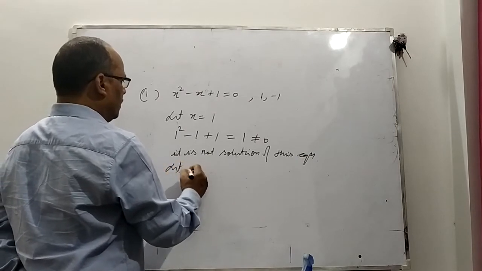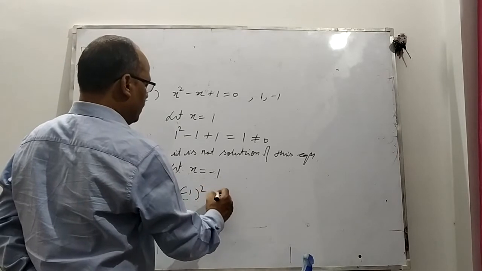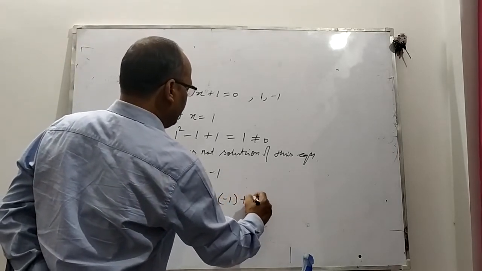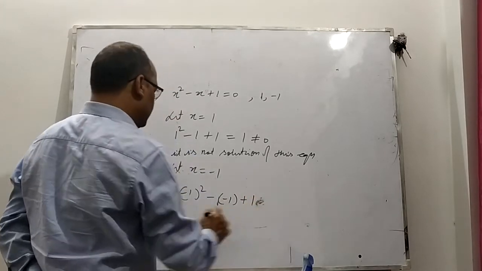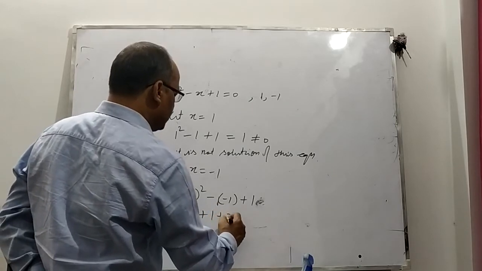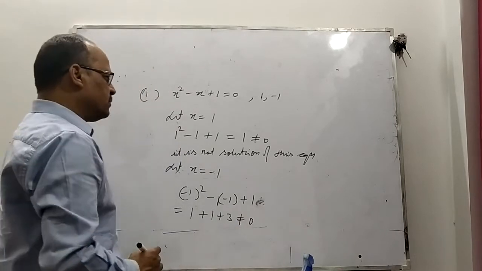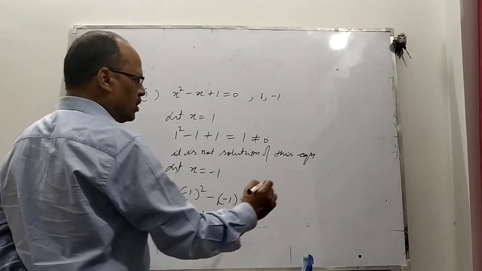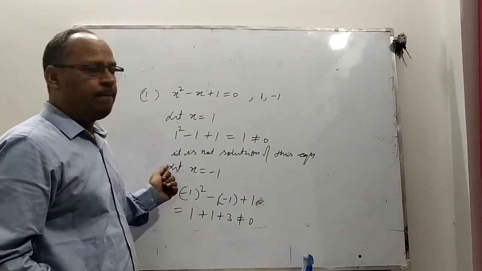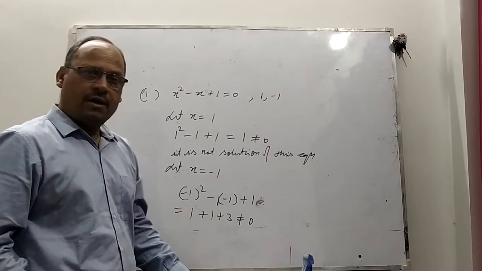Let x equal to minus 1. So minus 1 square, again you write minus 1, then you write plus 1. What will be this value? 1 plus 1 plus 1 is 3, not equal to 0. So it is not satisfied, it is also not a solution of this equation. This also is not a solution. It means 1 and minus 1 are not solutions of this equation. Okay? Now it is clear?